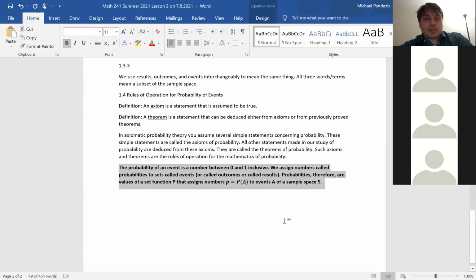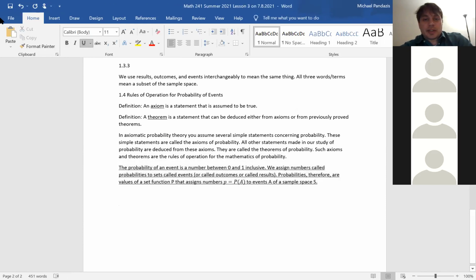So what I'm going to do is I'm going to bold it. Maybe that makes it hard to read, so I don't want to bold it. Maybe underline it. I'll do that. Okay, so the probability of an event is a number between 0 and 1 inclusive. We assign numbers called probabilities to sets called events. Probabilities, therefore, are values of a set function P that assigns numbers, little p, which is equal to P of A, to events A of a sample space S.